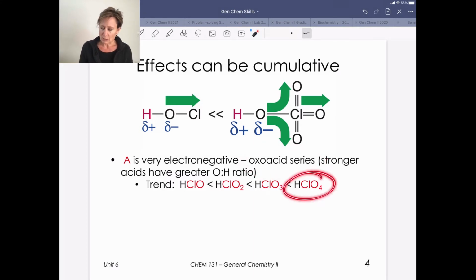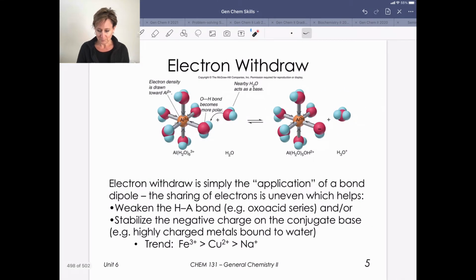For example, perchloric acid is the strongest acid in the oxoacid series. That has to do with the fact that multiple oxygen atoms can contribute to this electronegativity pull. That also is going to weaken and polarize this hydrogen-oxygen bond, and that's going to allow us to more easily break that bond, making a stronger acid.